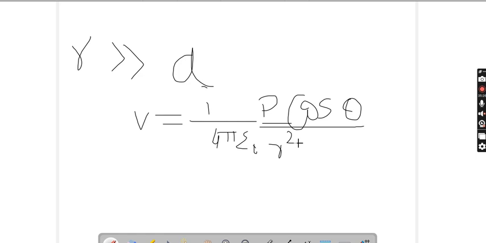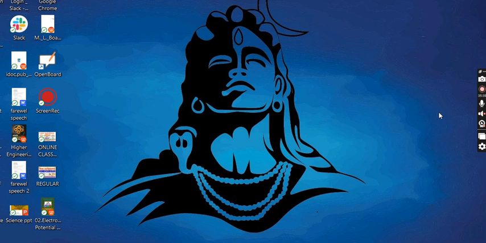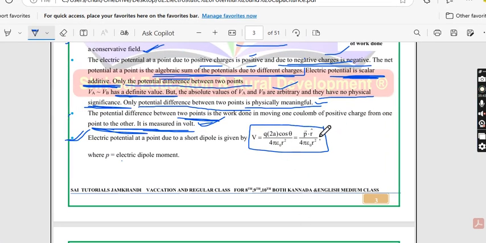This is the expression for electric potential due to a dipole.